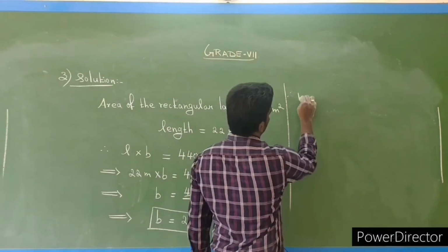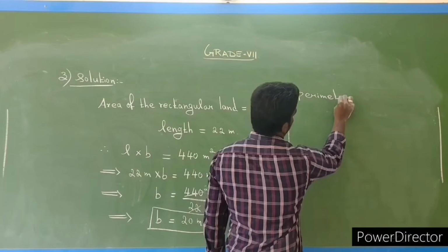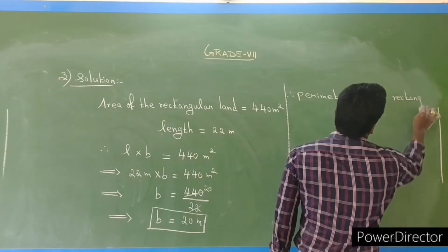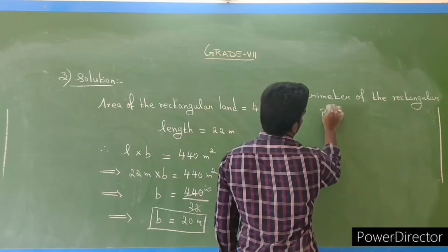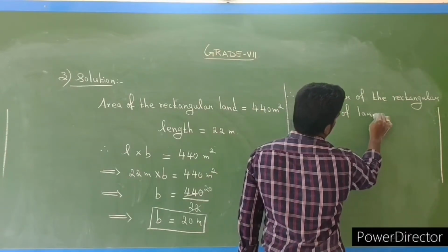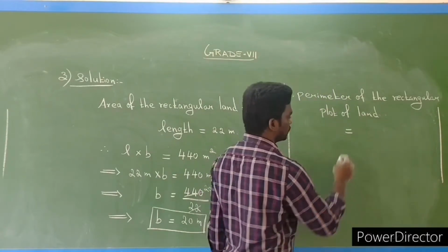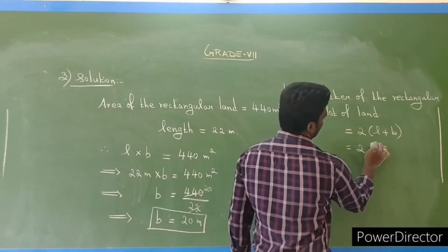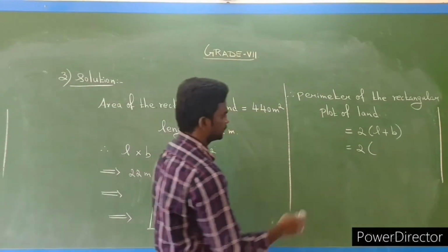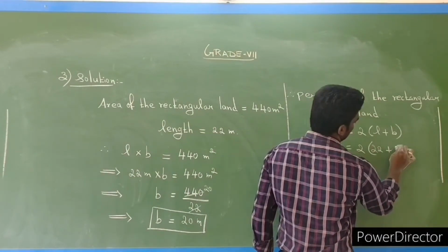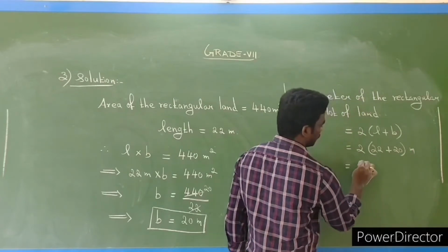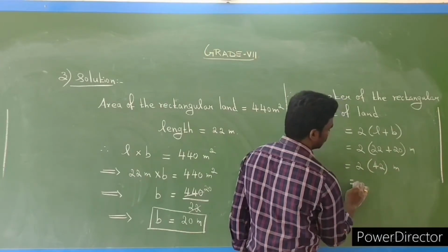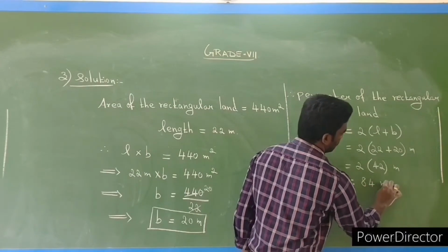Next, therefore, the perimeter of the rectangular plot of land is equal to, what is the perimeter of the rectangle? 2 into L plus B, which is equal to 2 into the length of the land is 22 meter, and breadth is 20 meter, which is equal to 2 into the value of 22 plus 20, which is 42, is equal to 2 into 42, the value is 84 meter.